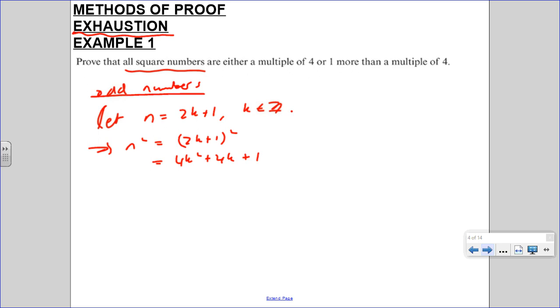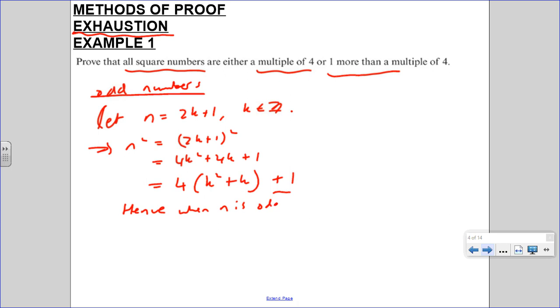Now, is that a multiple of 4 or 1 more than a multiple of 4? Well, if it's a multiple of 4, then I can factorize 4 out. I can for the first two parts, but I can't for the last part. So this is a multiple of 4 plus 1. So hence, when n is odd, n squared is a multiple of 4 plus 1.